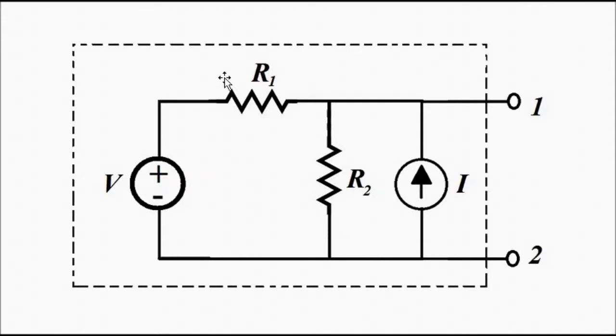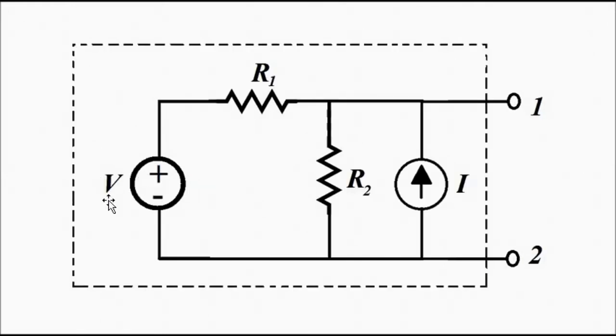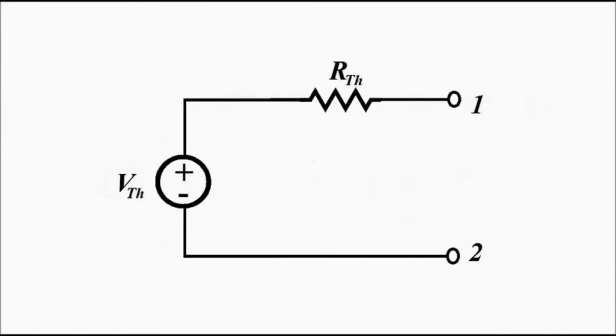So the Thevenin equivalent of this circuit would look something like this. All this, the independent voltage source V, R1, R2, I, is the same as the Thevenin voltage in series with the Thevenin resistance. So VTH and RTH are to be separately determined, and there are certain rules associated with it.